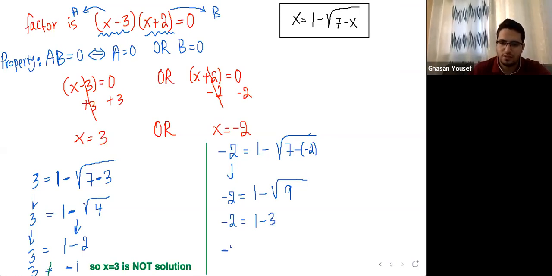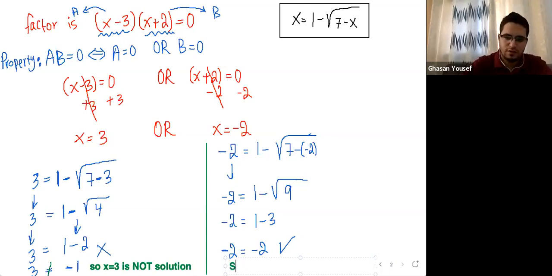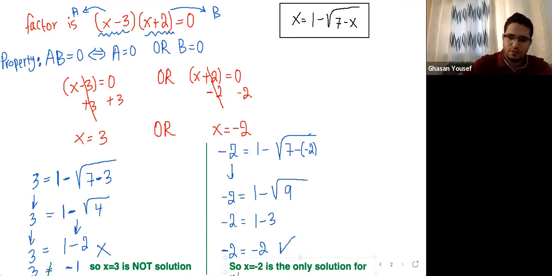So again -2 equal 1 minus 3 is -2. So this is correct, but this is not correct here. So -2 equal -2. So this is a solution. This is the only solution.